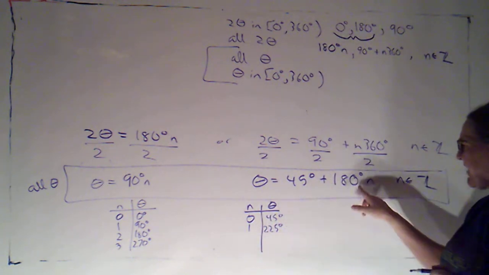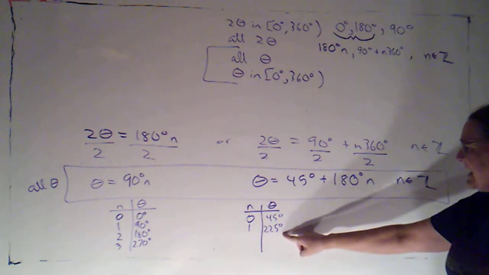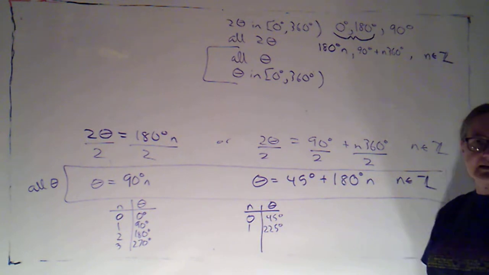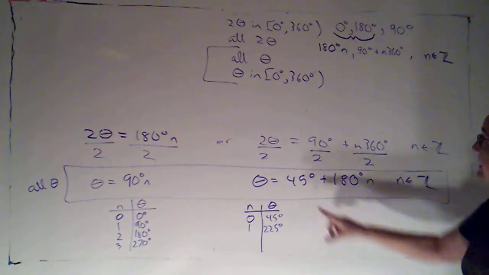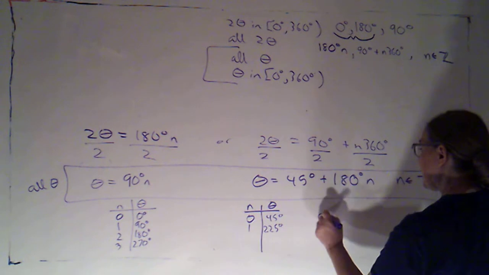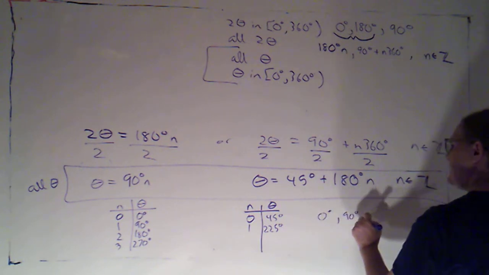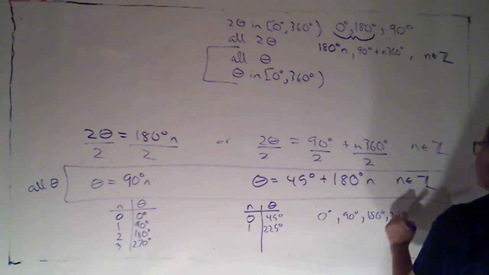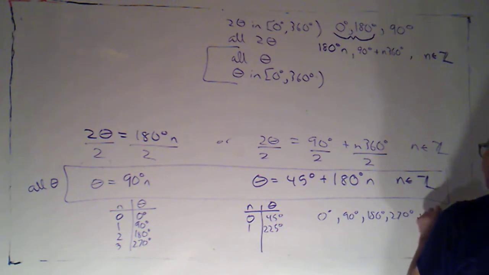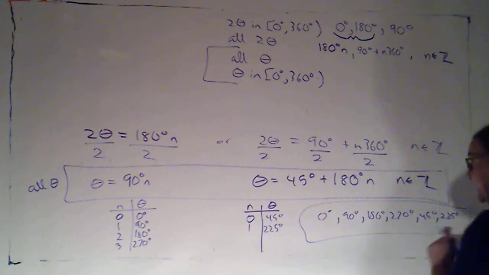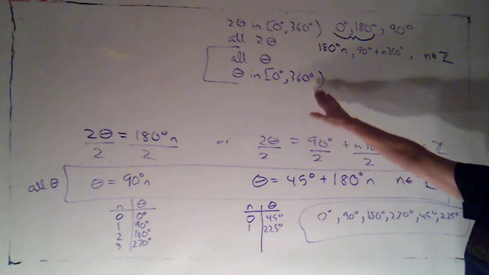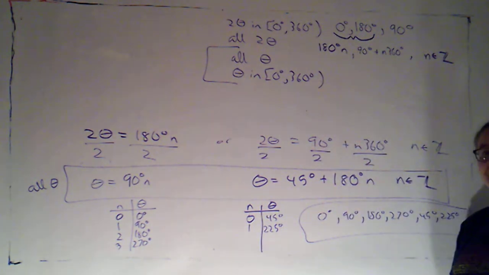And I can see if I added another copy of 180, that's going to take me over 360. So these are the 6 values that I get: 0, 90, 180, 270, 45, and 225. Those are the 6 solutions that I get that are between 0 and 360 degrees.